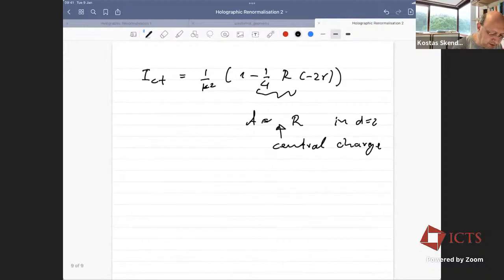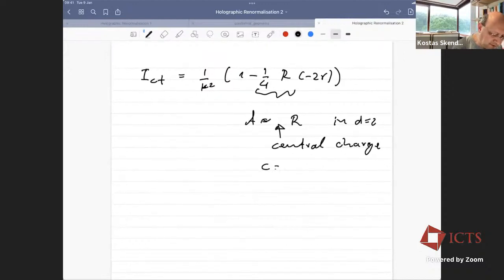And if you put all constants correctly, this should actually be correct. And you put back the AdS scale, you get that this is 3L over 2G, which is the well-known formula for the central charge of three-dimensional gravity. So that's how you get the counter term.